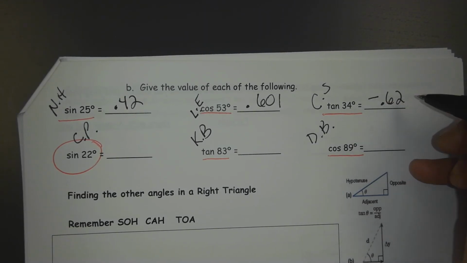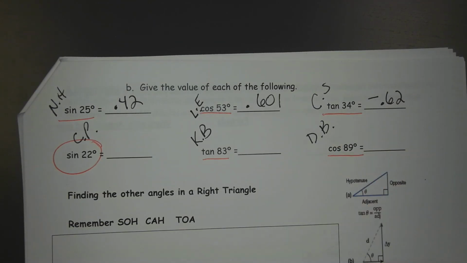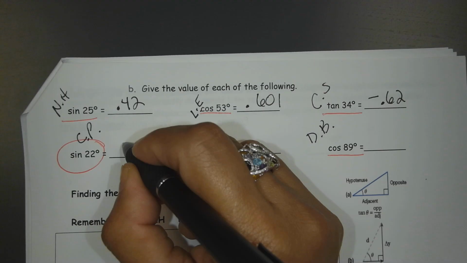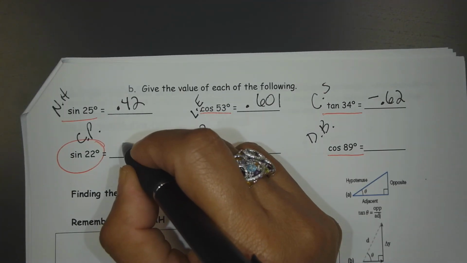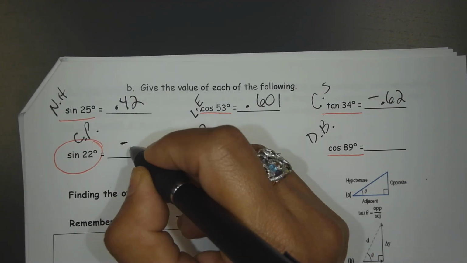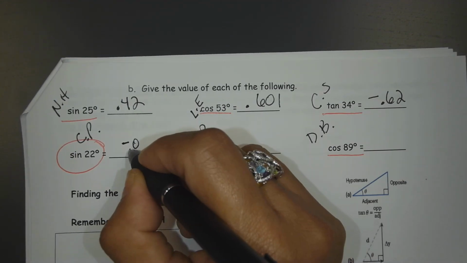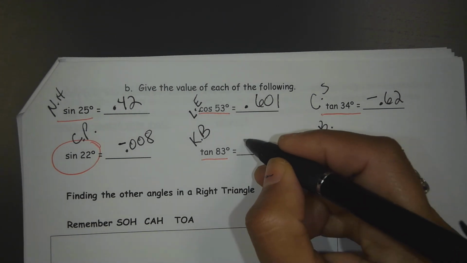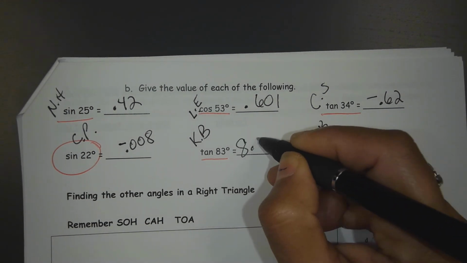Negative 0.62. Chris, what'd you get? Speak it with passion. -0.008. -0.008. Man, you're killing me. Kim, what'd you get? Tell us. I don't think it's right, but I got 8.14.